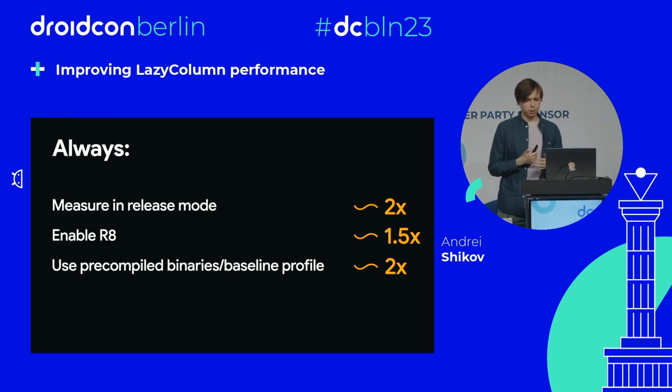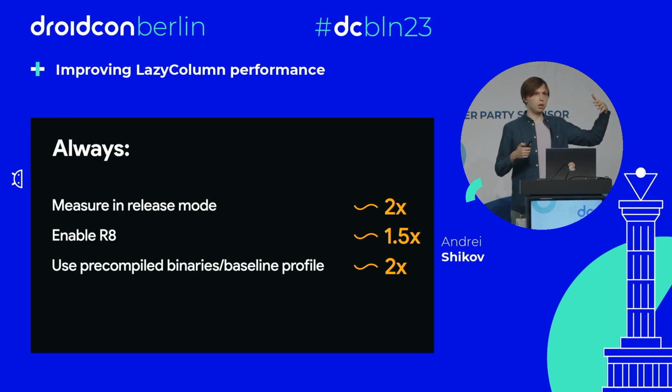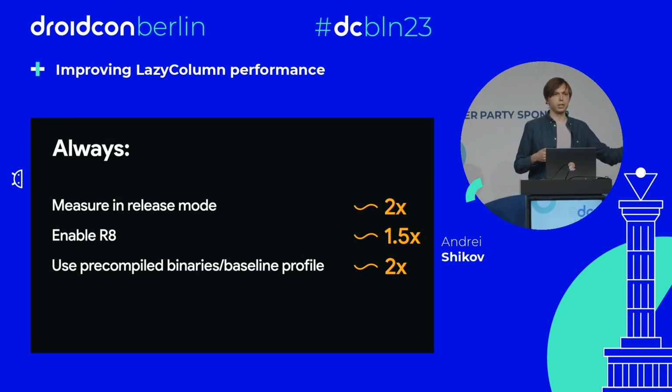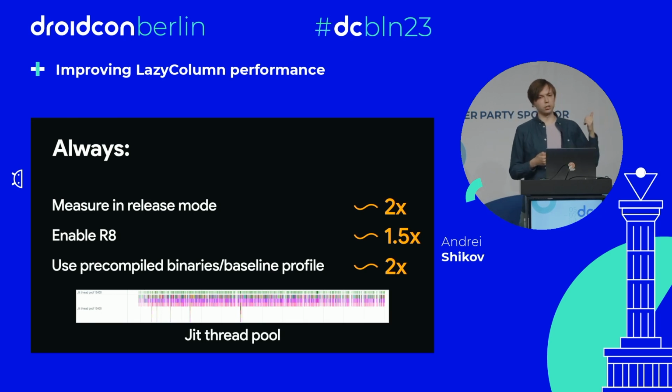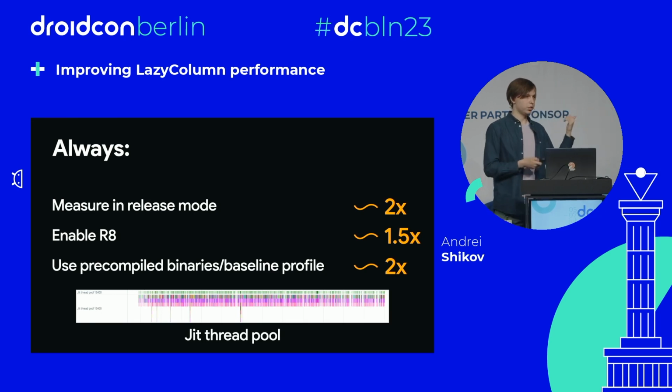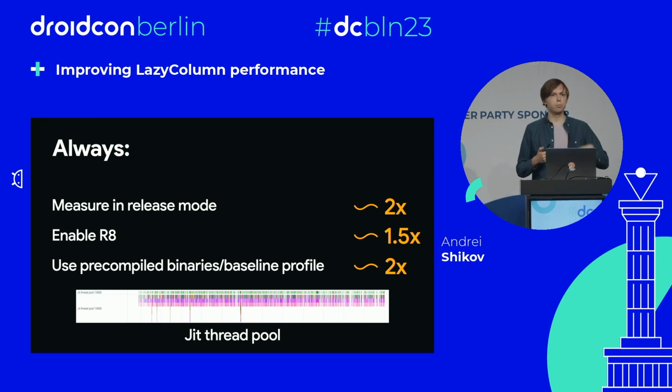And that's what precompiled binaries are here. Baseline profiles help with that. They help to prepare the machine code for your application ahead of time. And if you don't do it, you get this type of thing in your profiles for your traces or benchmarks. What you see here is the runtime trying to optimize your application as it goes. And this is obviously really problematic. It's constant GC activity in the background.